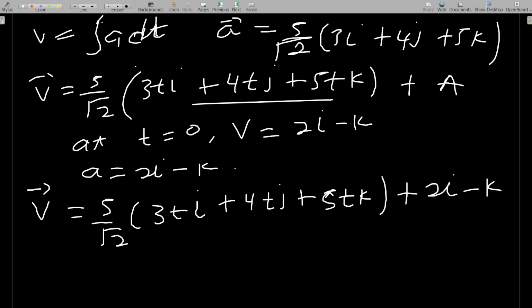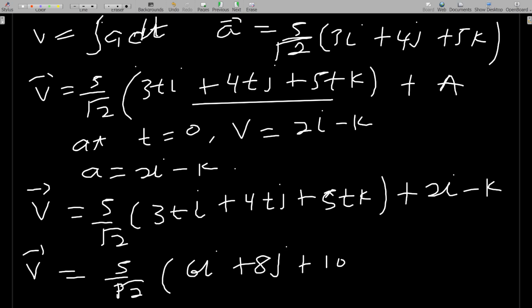If you want, you can actually multiply 5 over root 2 through this and add the corresponding component to the 2i minus k. But we don't actually need this. We need the velocity simplified at time t equals 2, right? So we just put t equals 2 here, and then you have v being equal to 5 over root 2 into 6i plus 8j plus 10k and plus 2i minus k. Then we can actually simplify this.